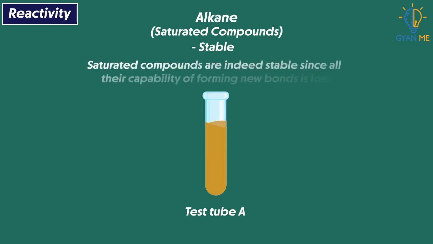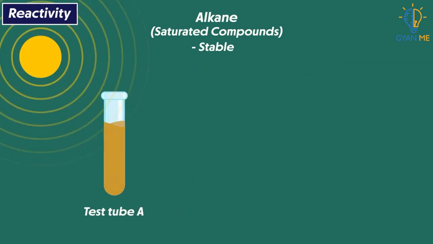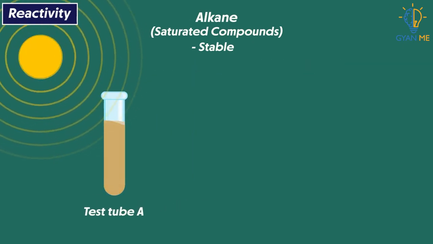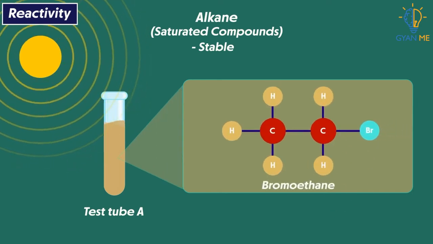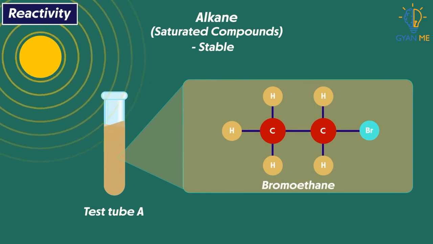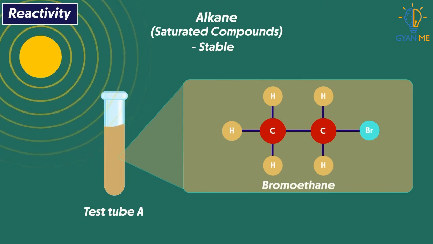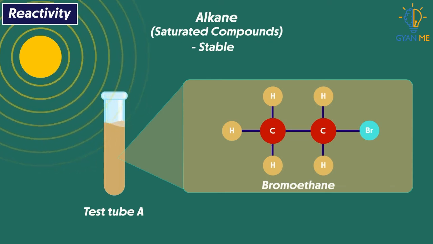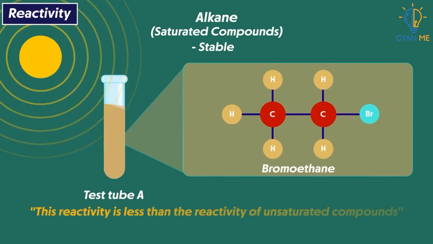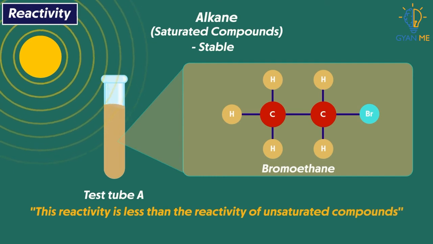Saturated compounds are indeed stable since all their capacity to form new bonds is lost. But with a little energy, these existing single bonds can easily break and hydrogen can be replaced with any other atom or group of atoms. And that's what we saw with ethane as well. But of course, this reactivity is less than the reactivity of unsaturated compounds.